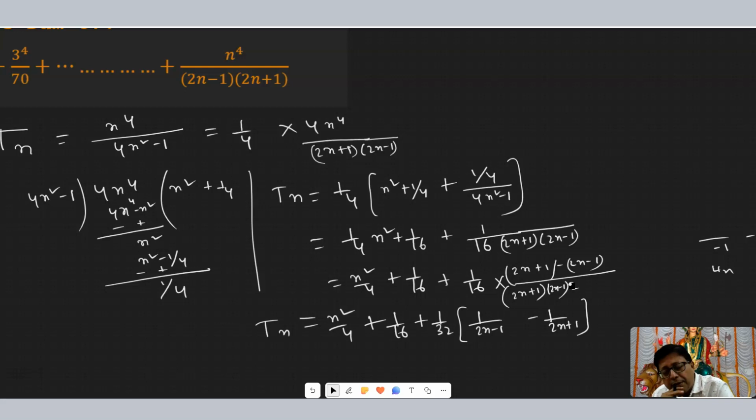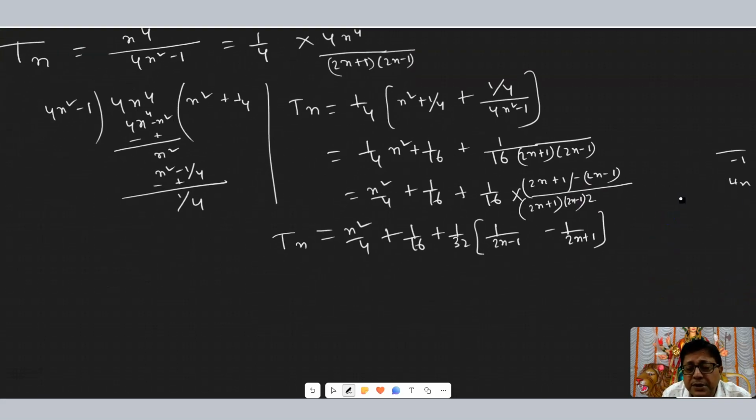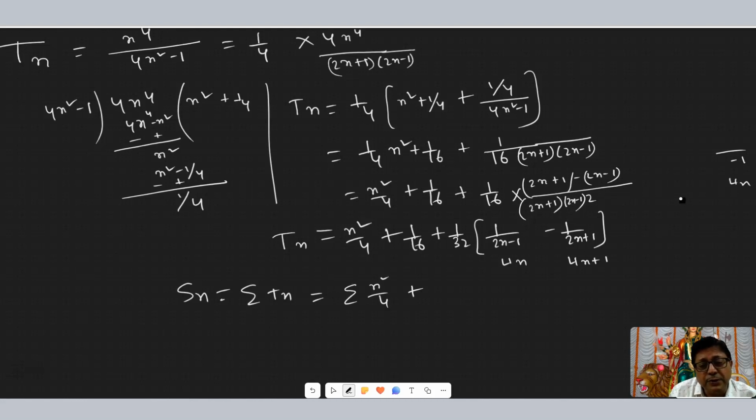Now think, is it in un plus 1 form? Yes, of course. If this is un, then this is un plus 1. Now we can go for finding the sum of n terms. It will be sigma Tn, sigma n square by 4. This will come n times, you write directly. Put n equal to 1 over there and this one as it is.